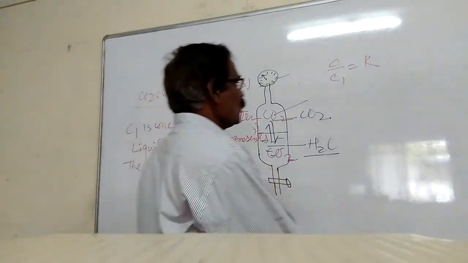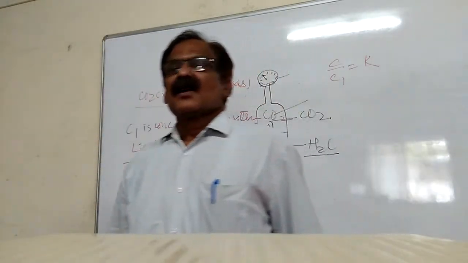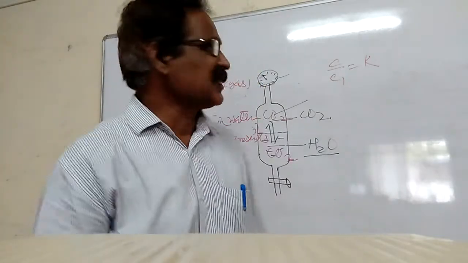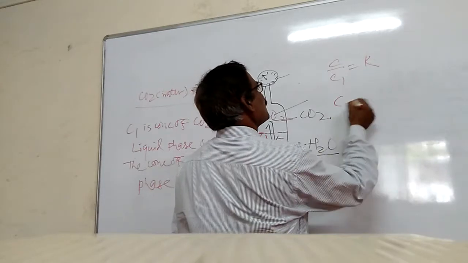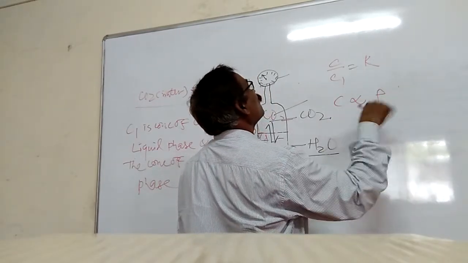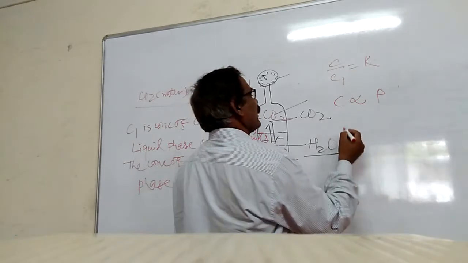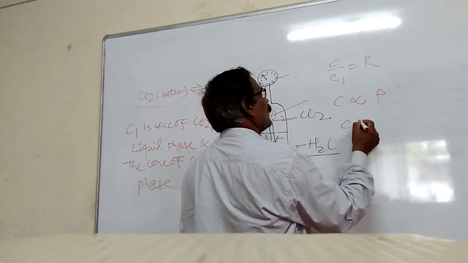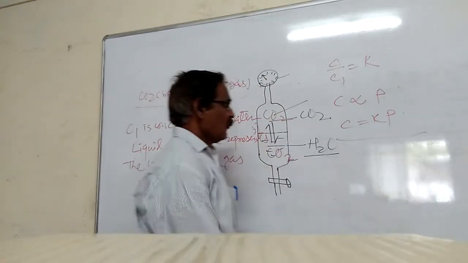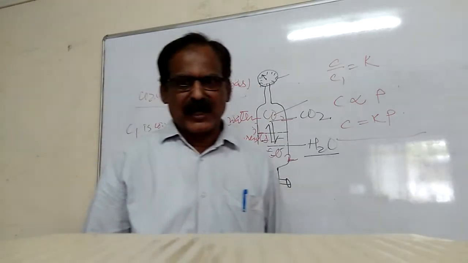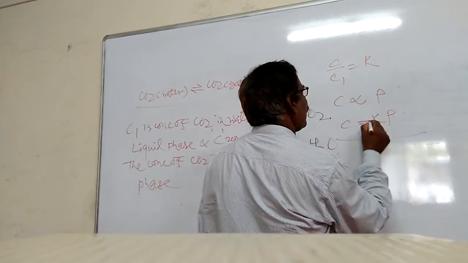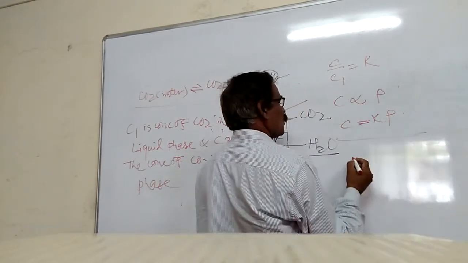Now, as we know, the concentration of any gas is directly proportional to its pressure. C is directly proportional to P. So we can have, in this case, C is equal to K into P, where K is the proportionality constant, known as Henry's constant.